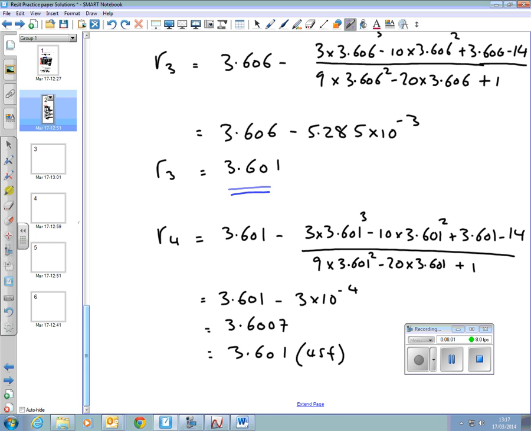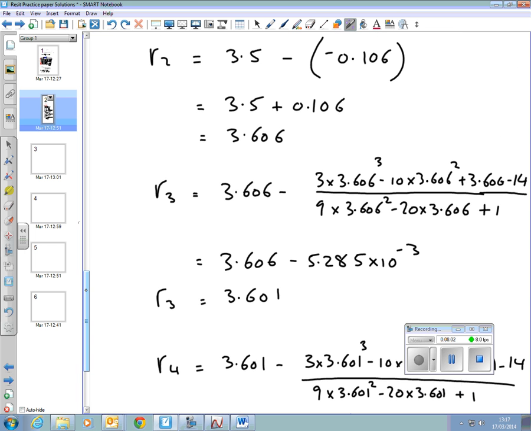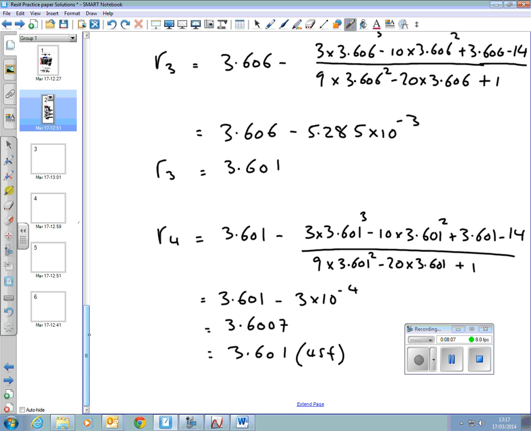Oh, no it's not. Our original guess was 3.61, isn't it? So yeah, you've got to do one more. So put 3.601 in and find out what that is, and if we compare that to that, rounded to 4 significant figures, it's the same answer. So in other words, we conclude that our root is about 3.601.